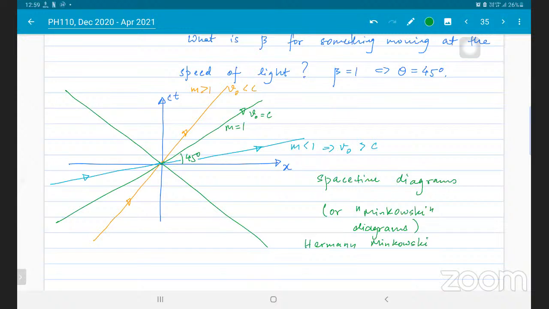So these are called Minkowski diagrams of space-time. Okay.